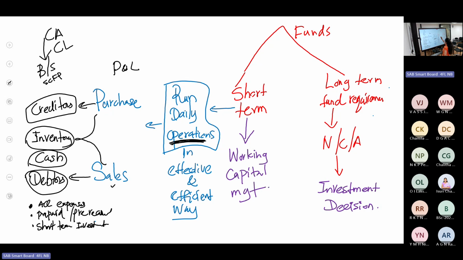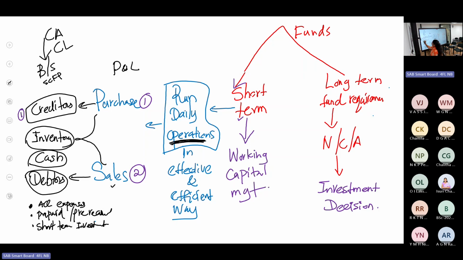So companies need funds in the short run to run the daily operations. There are 2 daily operations: first one is sales and the other one is purchase. With purchase and sales, the company is linked with some balance sheet items.